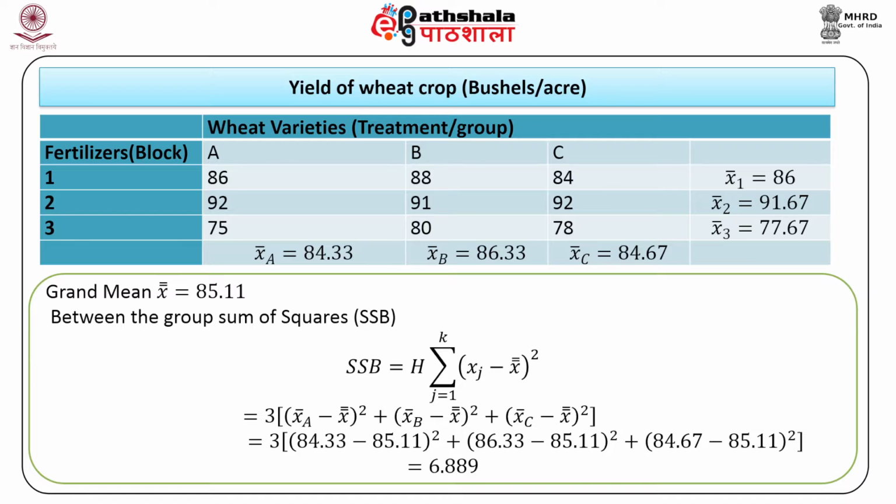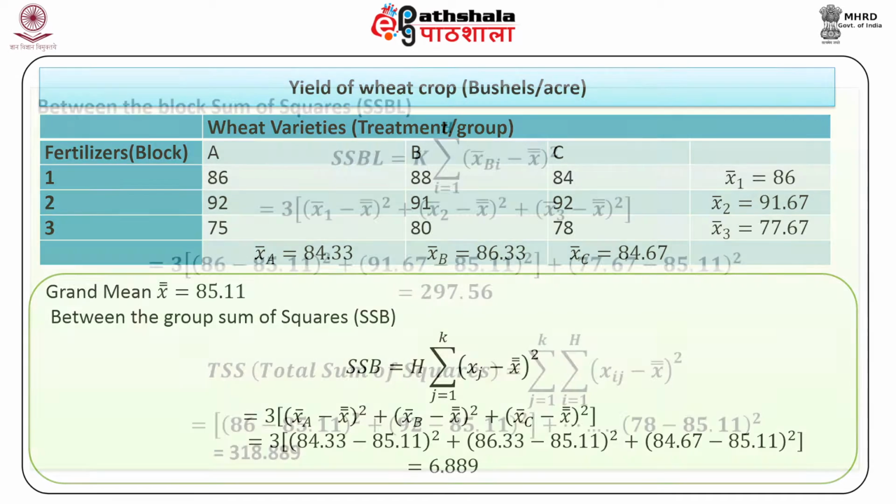Therefore we get 3 into the summation of xa bar minus x double bar square plus xb bar minus x double bar square plus xc bar minus x double bar square. On substituting these values, what we obtain is equal to 6.889.